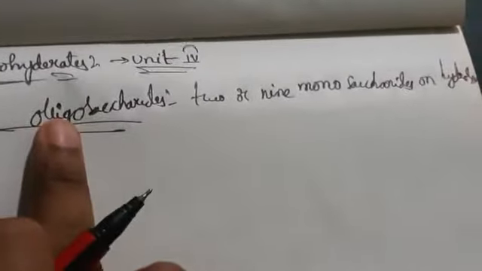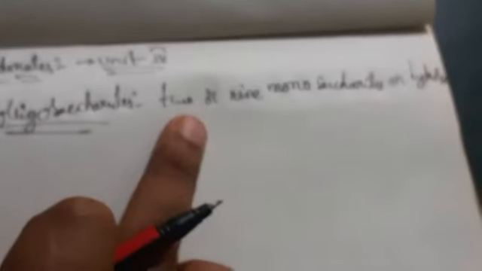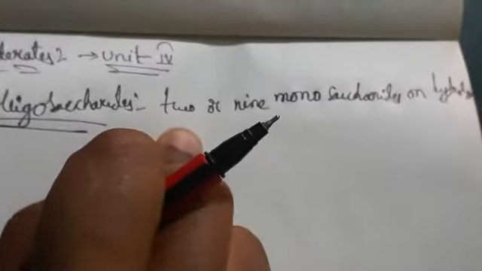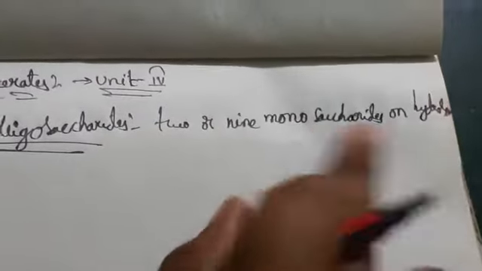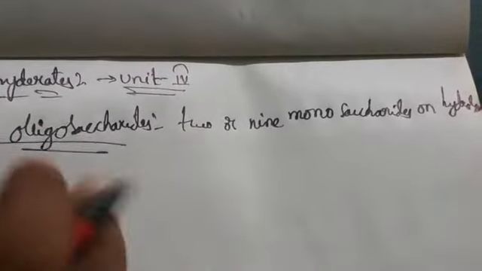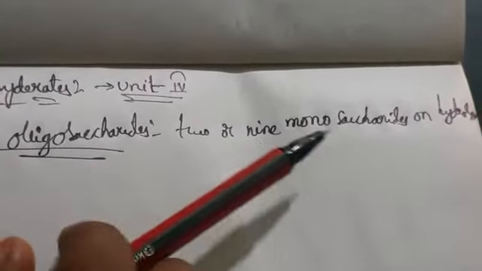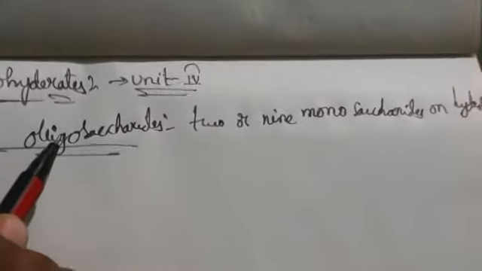What do you mean by oligosaccharides? The compounds containing 2 to 9 monosaccharides on hydrolysis are known as oligosaccharides.